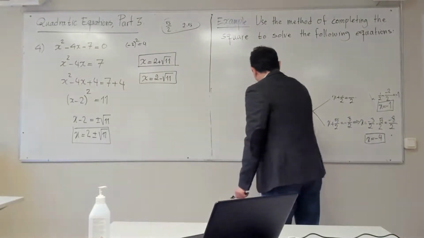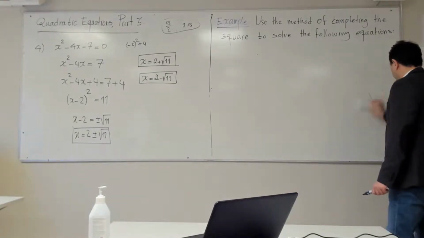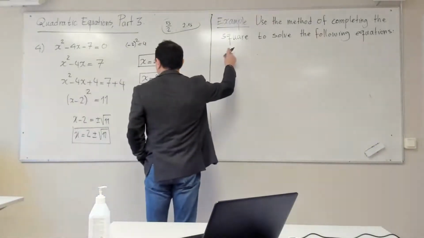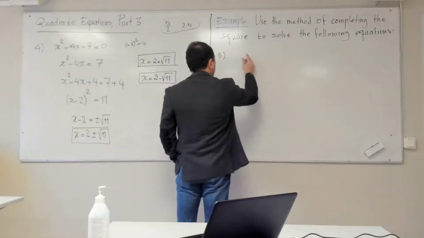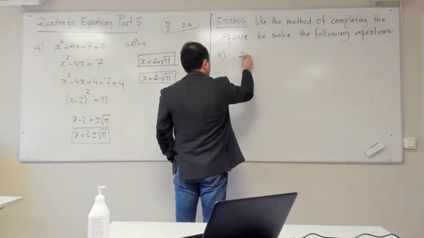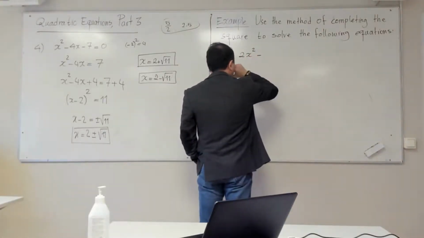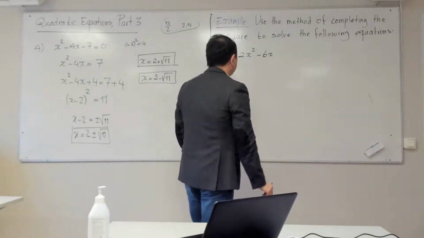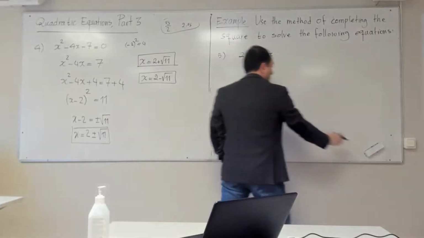But let me now give you an example, so that this first coefficient is not equal to 1. Okay, so let me write it in this form. I would say 2x squared minus 6x and minus, no, 6 is not here.